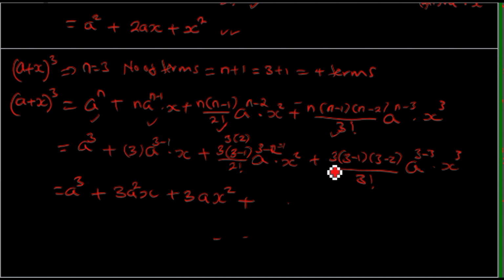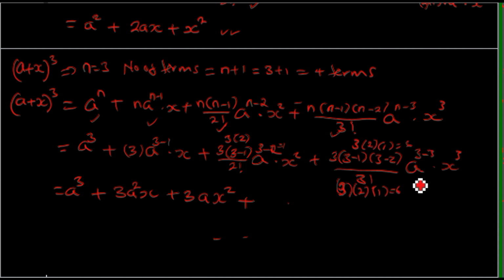And then you add, we have 3 times 3 minus 1, which is 2, and then times 3 minus 2, which is 1. So 3 times 2 is 6, times 1 is still 6, and then 6 divided by factorial 3 is the same as 6 divided by 6, since factorial 3 is 3 by 2 by 1, which gives you 1.